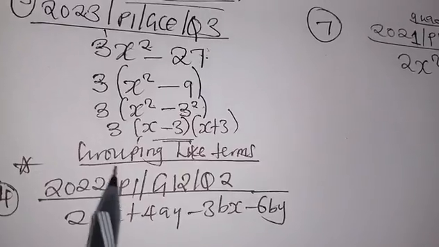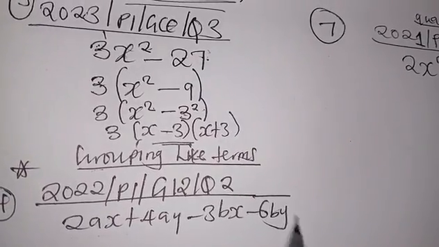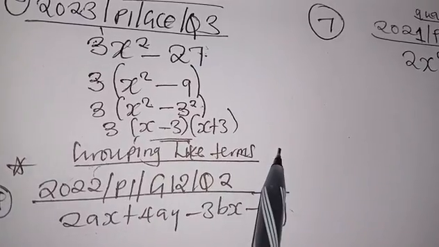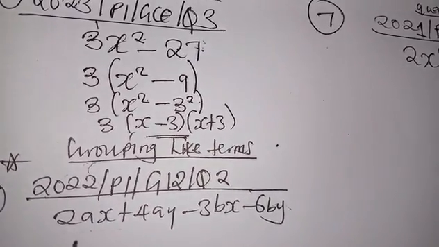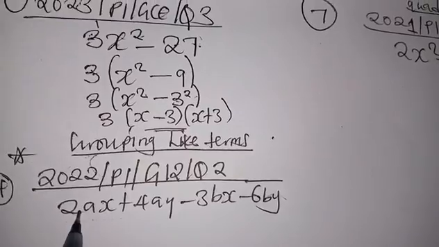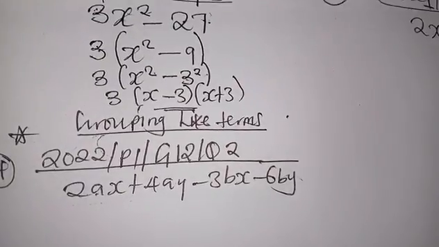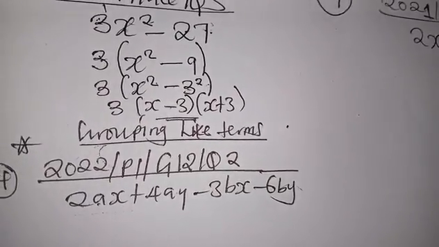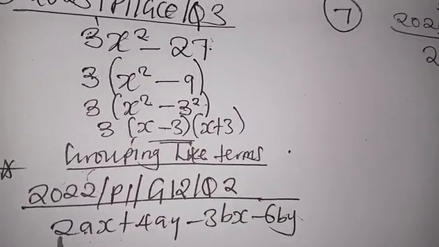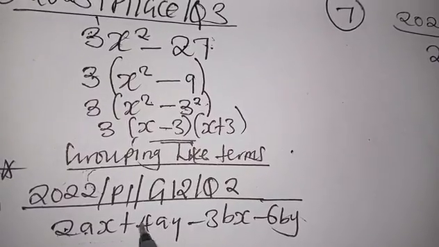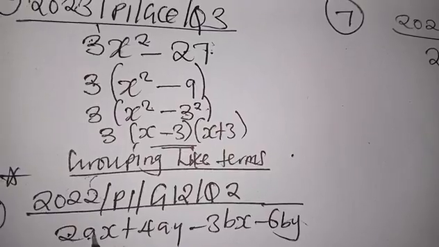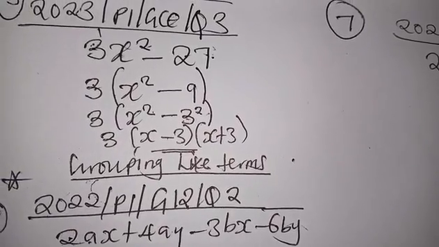We come to this one. We are factorizing this one by grouping like terms. But if you look at this one, this is 2a and 4a, meaning the highest common factor of 2 and 4 is 2, and a is also common.